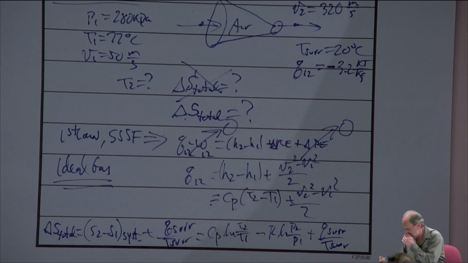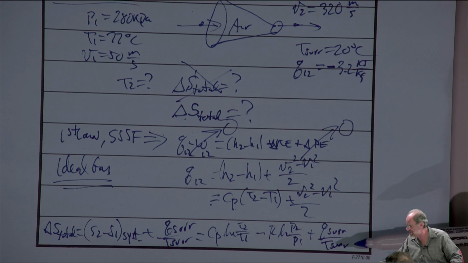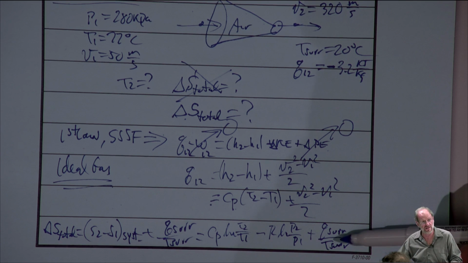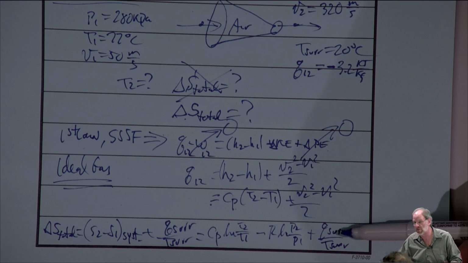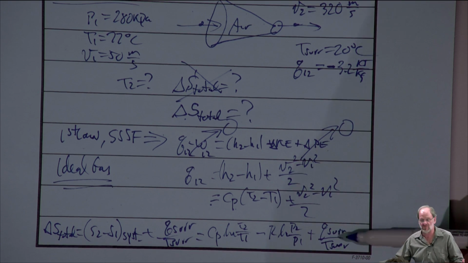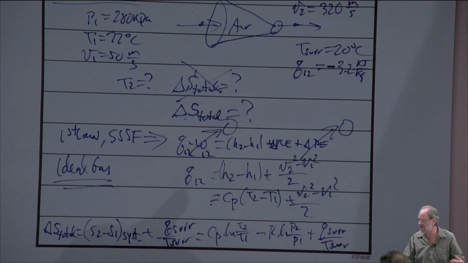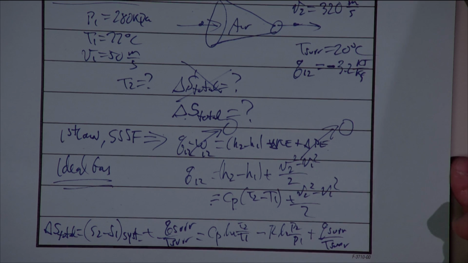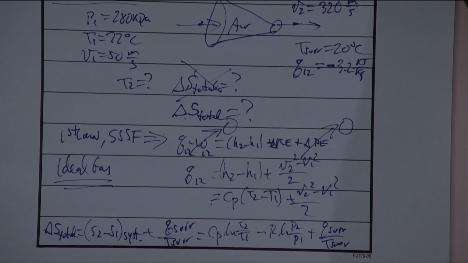Please note that we have to include the delta S for the surroundings in this problem because there is heat transfer to the surroundings, right? In the previous example problem, it was a well-insulated vessel. There was no heat transfer. So it's not like we didn't calculate the entropy change of the surroundings. We just noted that it was 0 because there's no heat transfer into the surroundings. Here we have to calculate it specifically. So this is the equation that we need to solve second.